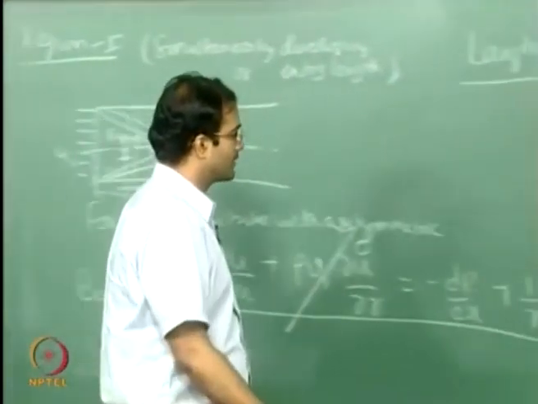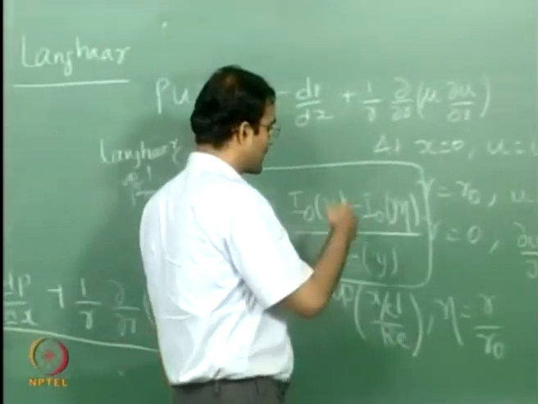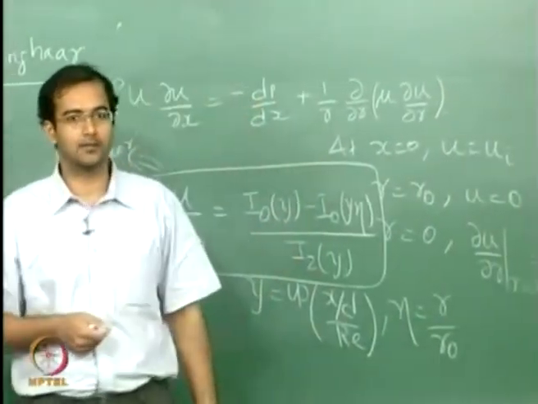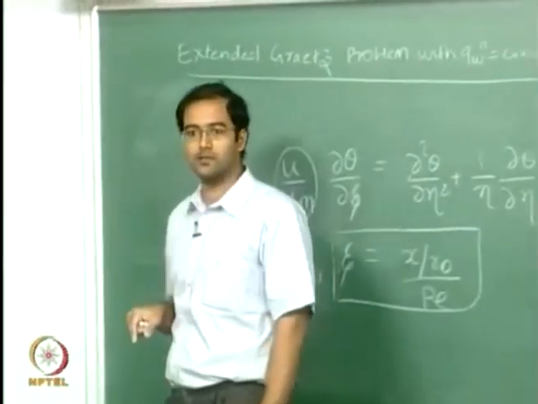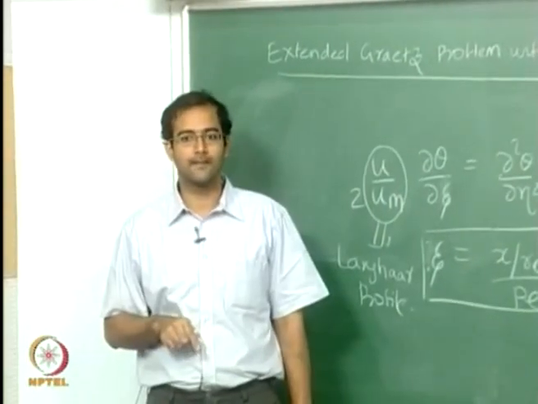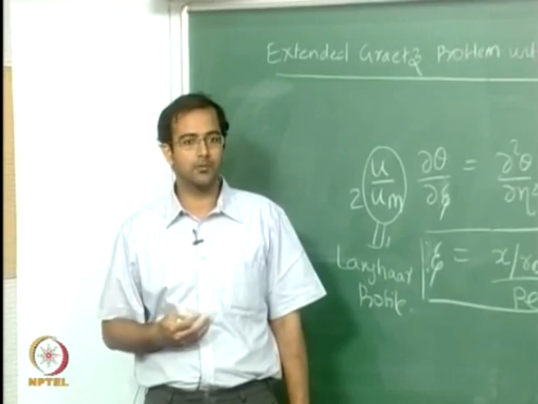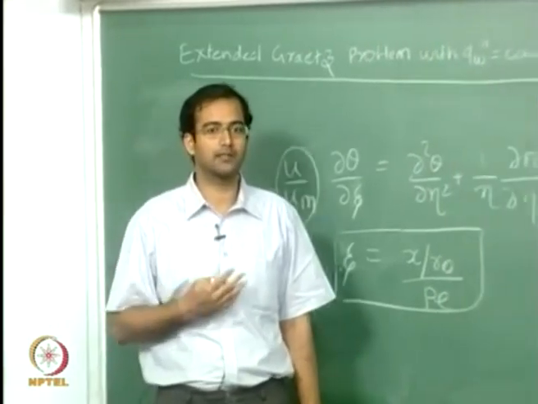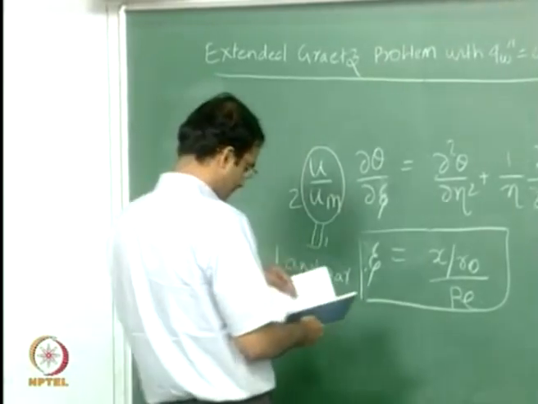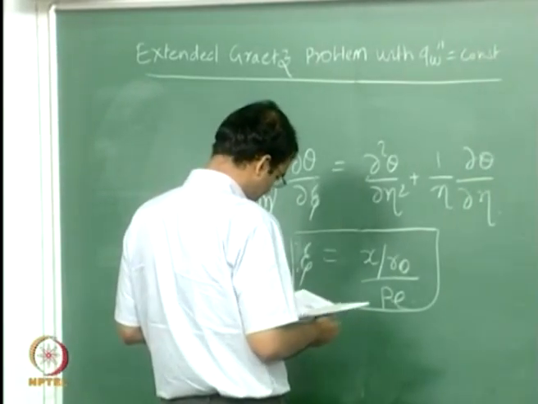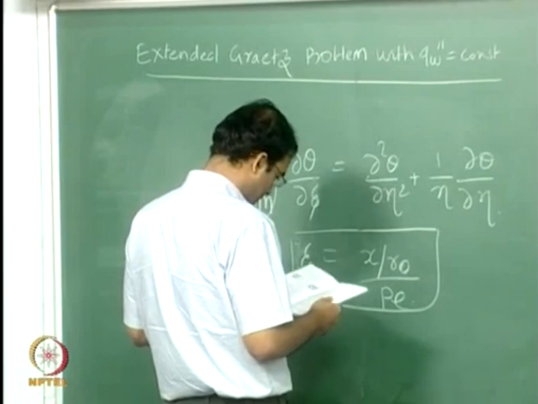Okay, so this cannot again be analytically solved, because your velocity profile again is not only a function of eta, but it's also a function of zeta. So therefore this again has to be solved numerically with boundary conditions, whether it's constant wall temperature or constant wall flux, and you get the solution for the temperature and of course the final Nusselt number.